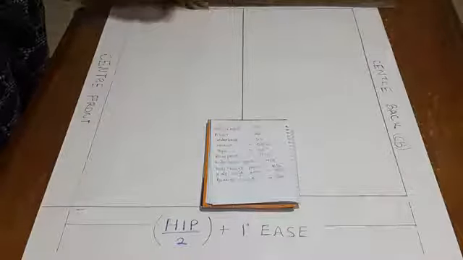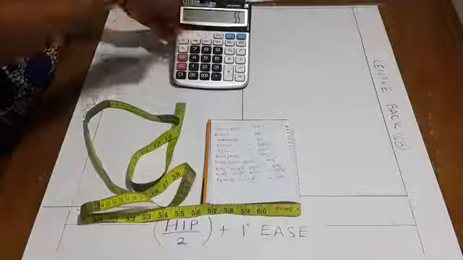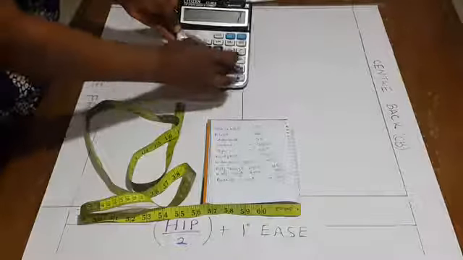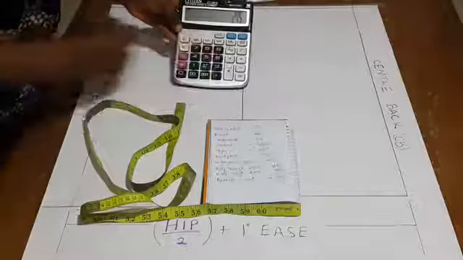We will be using half of this. So 5.5 divided by 2 gives us 2.75. So we come to point O and input the size 2.75.